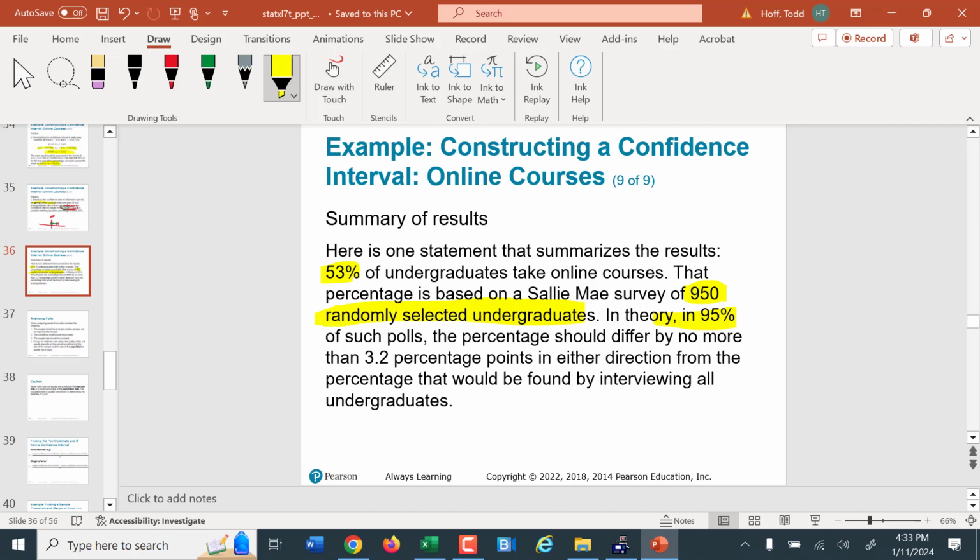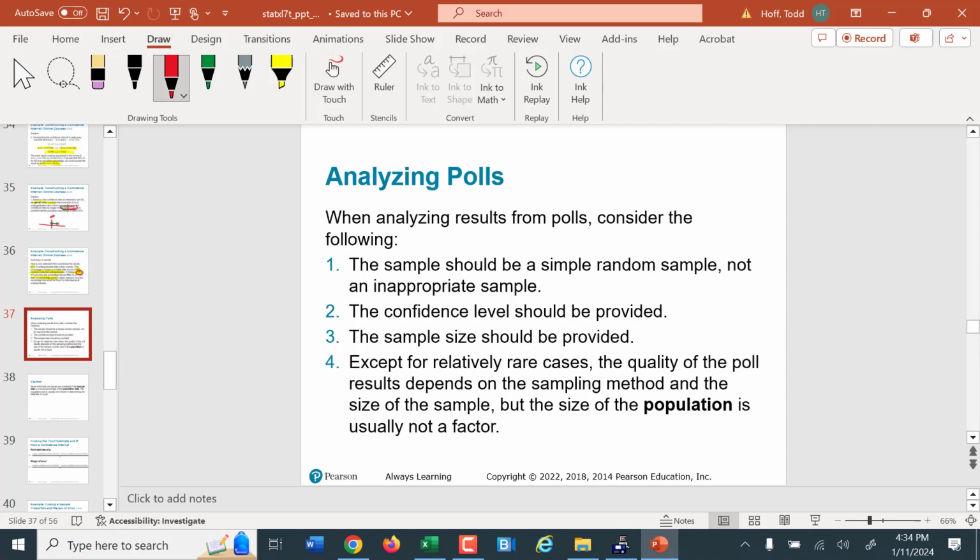And then, in theory, 95% of such polls we would expect to be within 3.2 percentage points of that result. If they don't say the 95%, and most often they do not say 95% confidence level, that's generally what you assume: it was a 95% confidence level in that survey or poll.